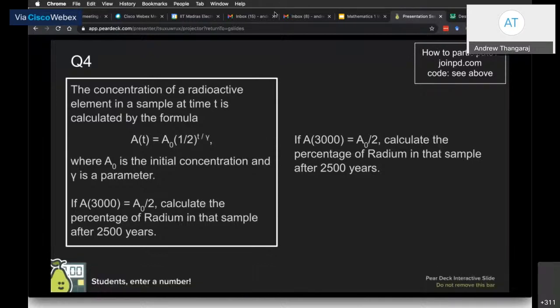I'll give about 5 to 6 minutes for this problem. So take your time and do it correctly.